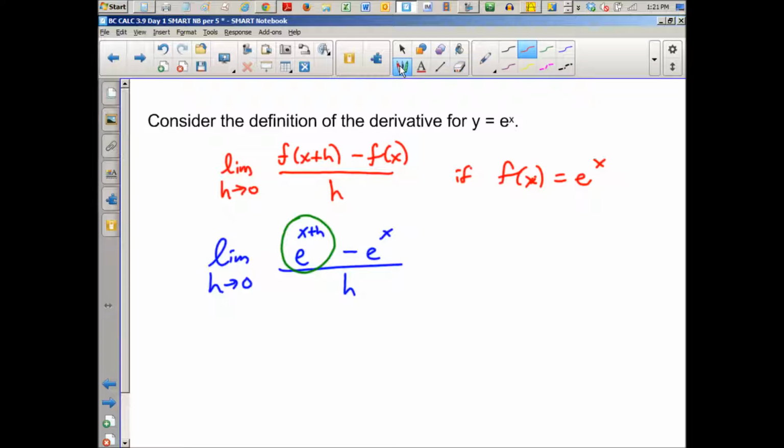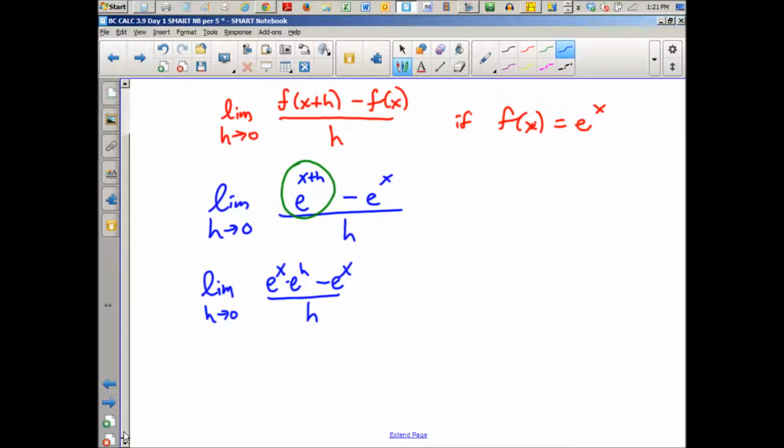Okay, so let's try that. Let's see what happens. Anyone see anything interesting happening here? Yes, we can factor out an e to the x. Cool.